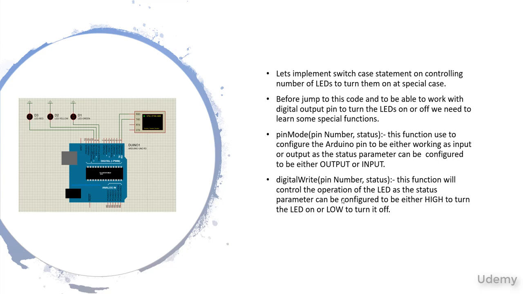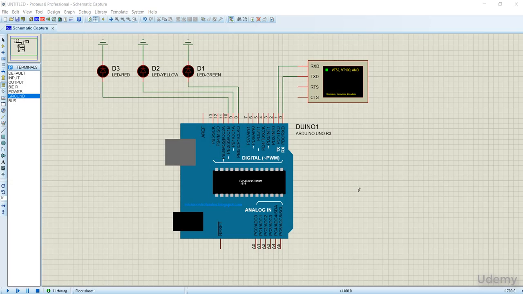Okay, let's go to the Arduino IDE and do some practice using the switch case statement. Let's describe our circuit first. In this circuit, I have three LEDs connected to Arduino pins 8, 9 and 10. When turned on, these three LEDs give different colors. The first one will give green, the second one yellow, and the third one red.